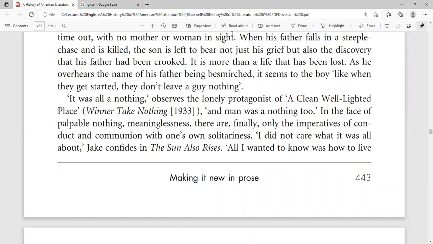Lost generation means the writers and the people who joined the First World War with an ideal, and at the end of the war, they had lost their ideals. They had lost their faith in any idealism. That is seen in novels of Hemingway, either it's The Sun Also Rises or A Farewell to Arms or For Whom the Bell Tolls.